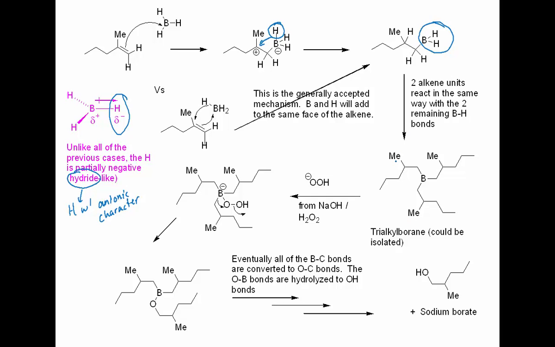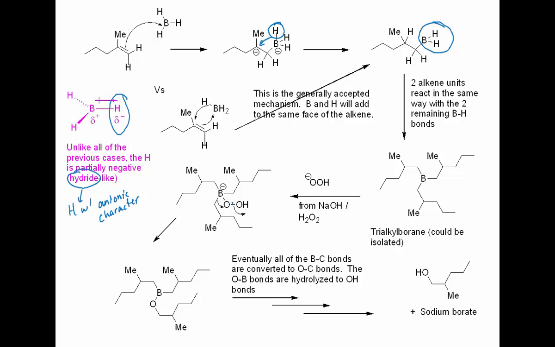This sits there waiting for someone to add some basic hydrogen peroxide. Remember, boron has got an empty p orbital right here, so the hydrogen peroxide can add here. This is going to make an anion at boron. This is now going to migrate to oxygen, cleaving the OO bond.